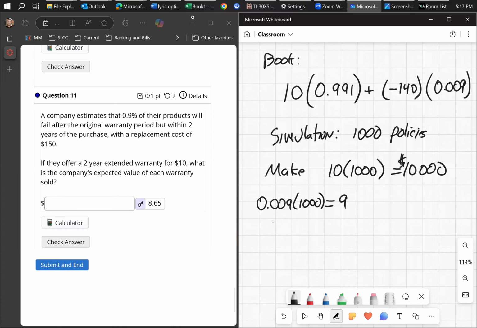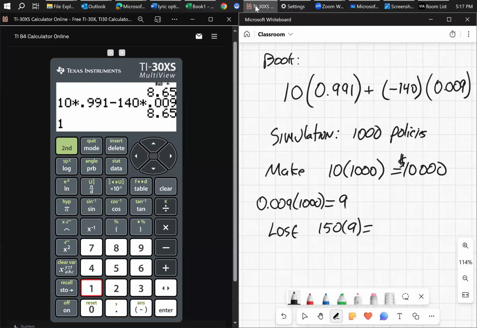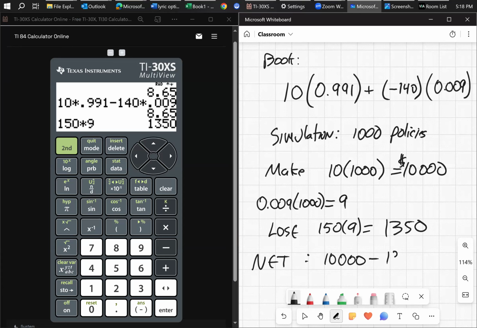So they lose $150 times the 9 times that happens. $1,350. So their net would be the 10,000 minus the 1,350.